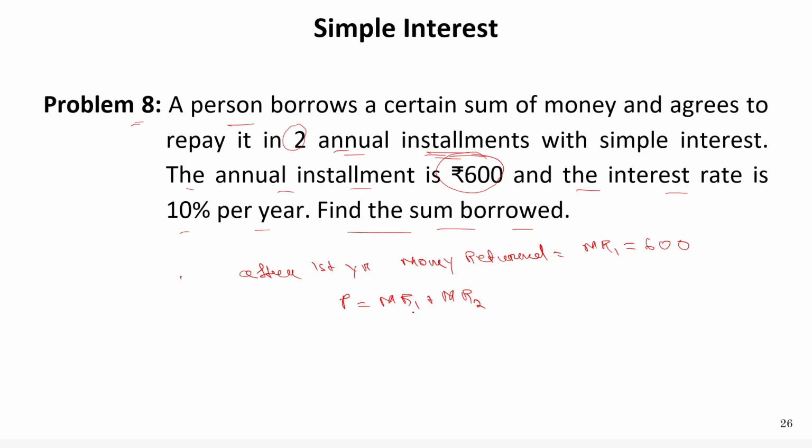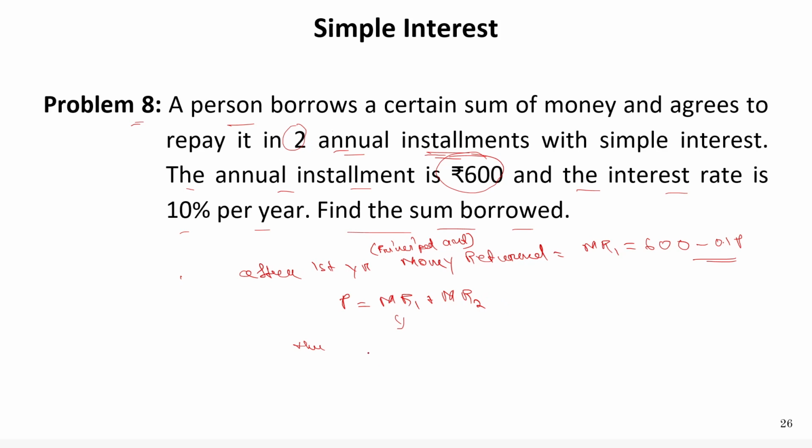Okay, the second installment. So let MR1 be the principal amount that was returned. Principal amount returned is equal to 600 minus 0.1p, because the annual interest rate is 10%, right?